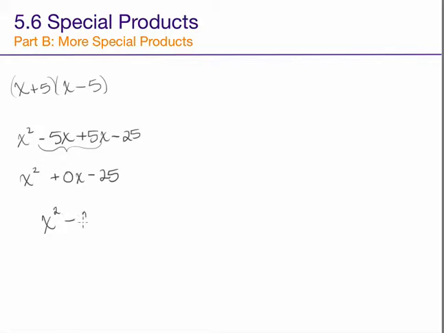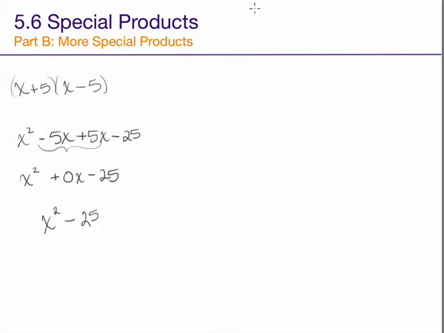Distribution gives me x squared minus 5x plus 5x minus 25. These two terms add up to 0. So I can rewrite this as x squared minus 25.